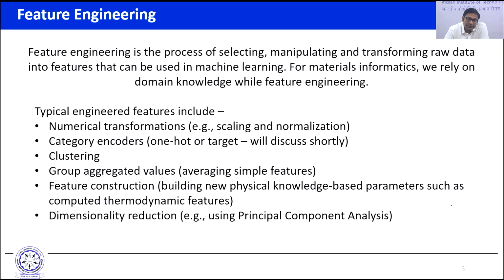So the first one, of course, is you can do numerical transformations. This is where you basically do some sort of scaling or normalization. And as you have probably learned in the earlier lectures given by Professor Biswas, scaling and normalization of the data can be quite useful, especially if you have a situation where the features that describe your data can take a huge range of values.